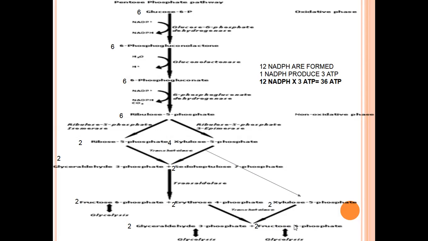The 2 molecules of fructose 6-phosphate convert into 2 molecules of glucose 6-phosphate.